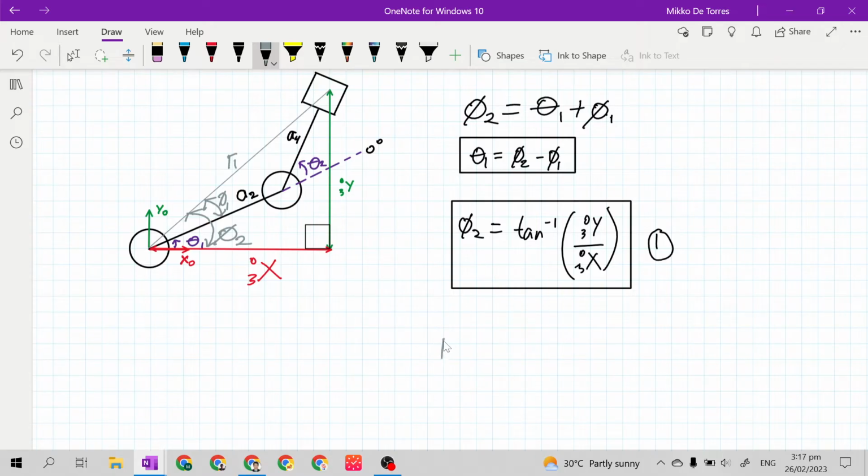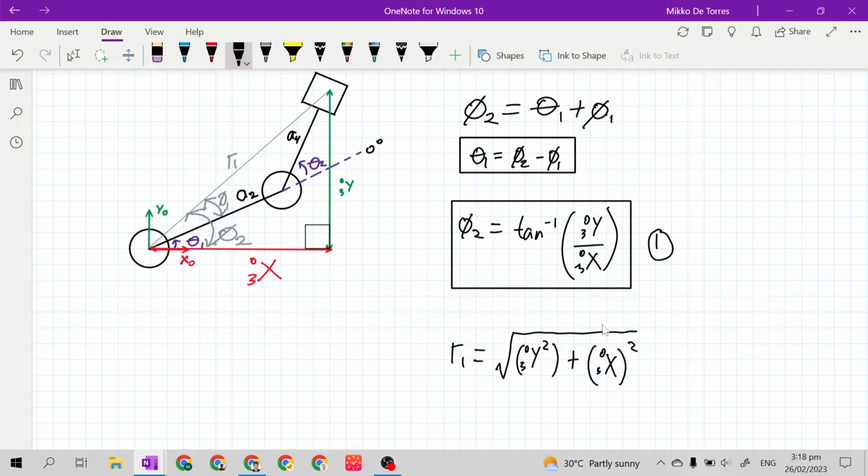So r sub 1 is the hypotenuse. To solve it, we will use y03 and x03, with the Pythagorean theorem. So y03 squared plus x03 squared is equals to r sub 1 squared, then square root at the other side.